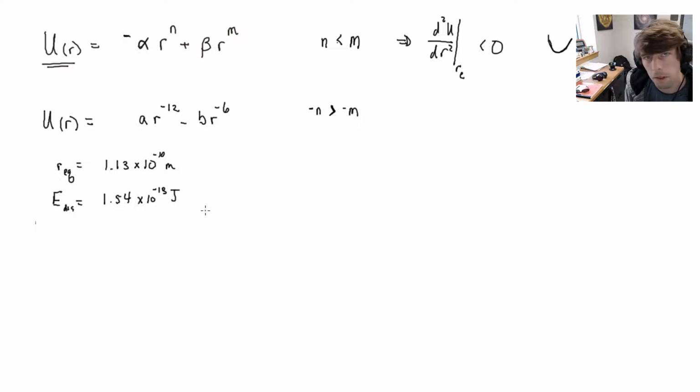Ballparkish, if you're familiar with the units, this is roughly 10 eV, which is fairly standard. And the question asks you, given these two values, to find the values of A and B.